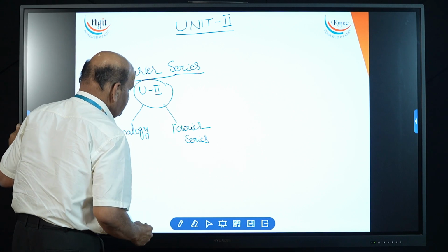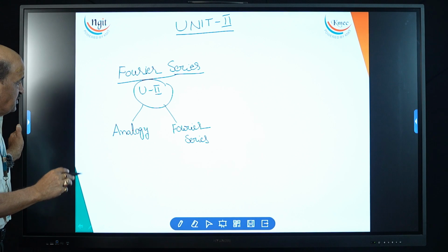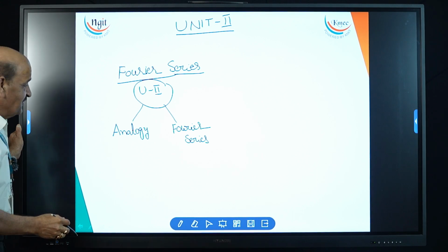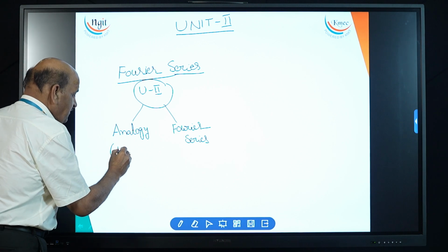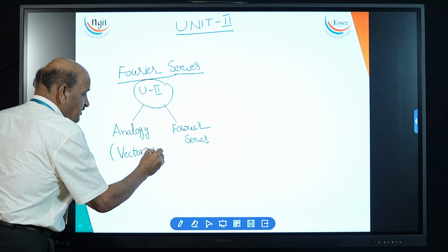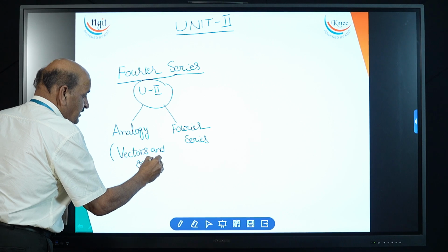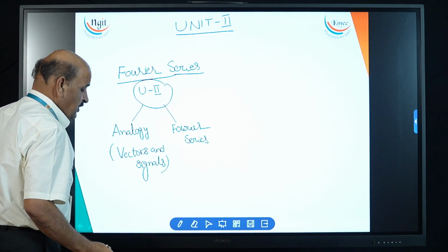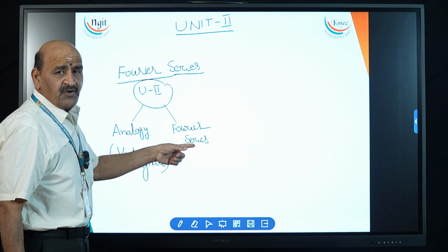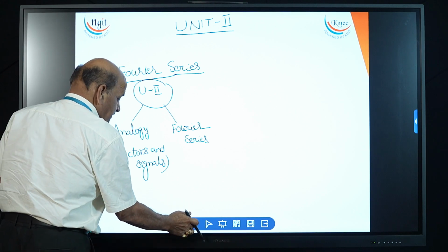Simply, we can make a segregation of the syllabus of Unit 2 like this. Here, analogy means what? The analogy between vectors and signals. This is the first topic we have to begin with. After that, we will begin with Fourier series. Now let us start.